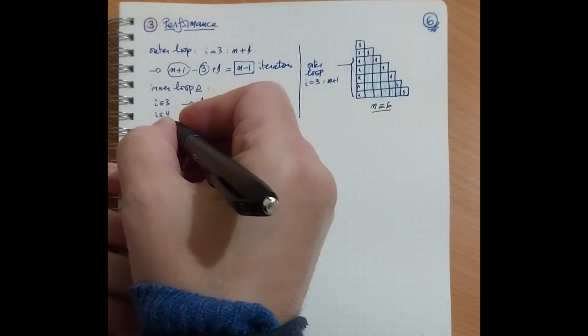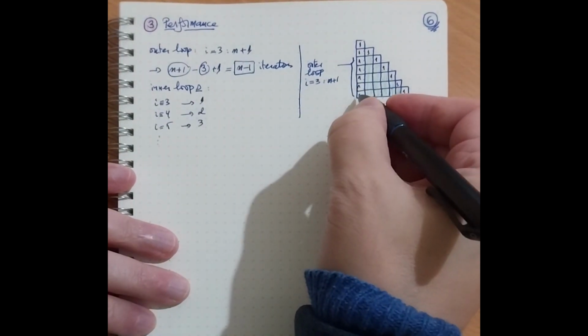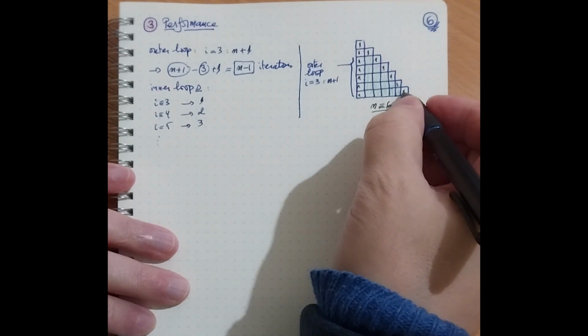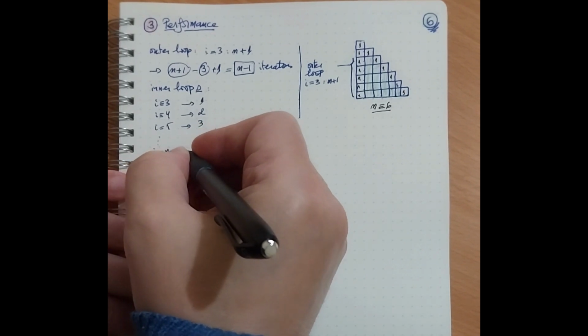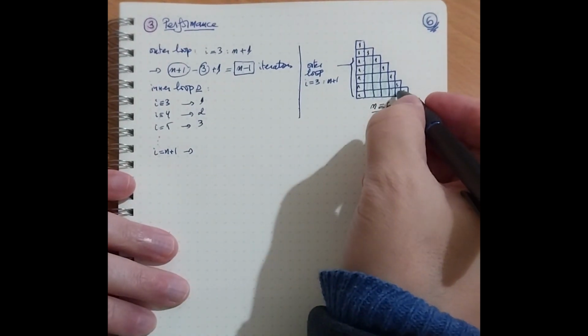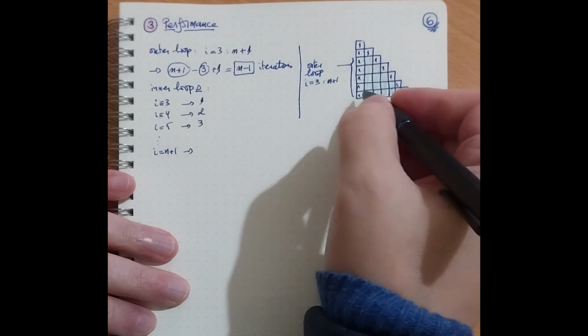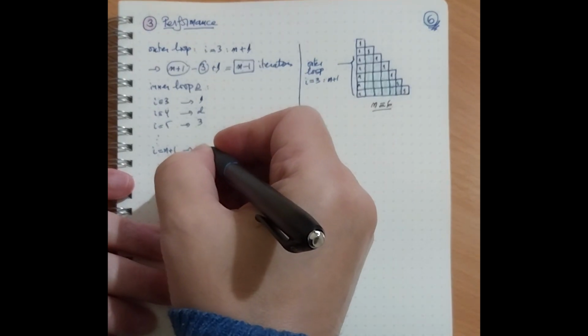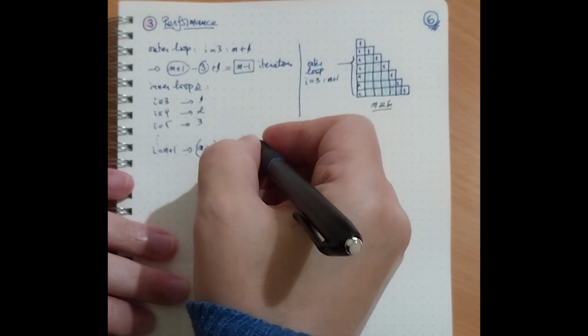For i equals 5, we have 3, and so on, till the last iteration. So for i equals n plus 1, we have n plus 1 minus 2, which is n minus 1.